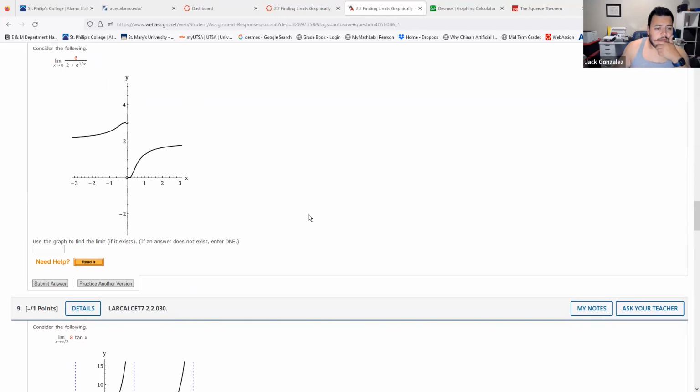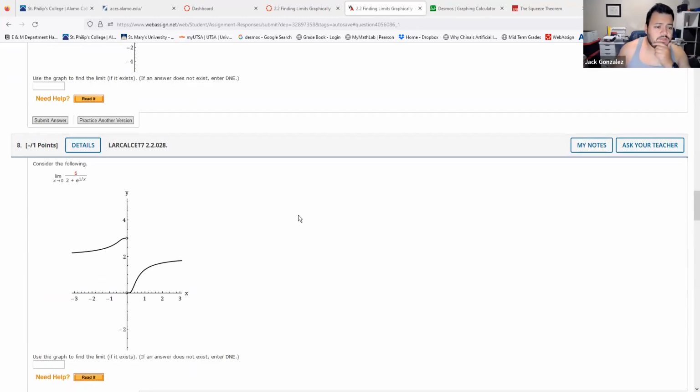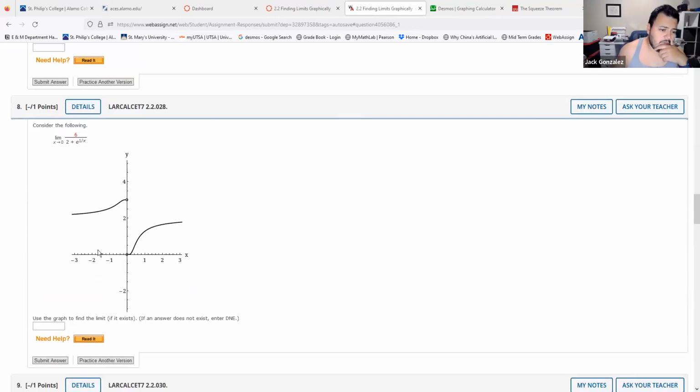Anyway, the rest are similar, just different kinds of functions. So you'll do the same thing. Check out number 8, though. This is f. So as x approaches 0, does this limit exist? What's wrong with it? From the left side, the y values are going to here. From the right side, the y values are going here.